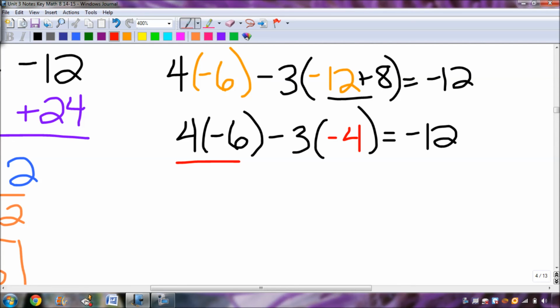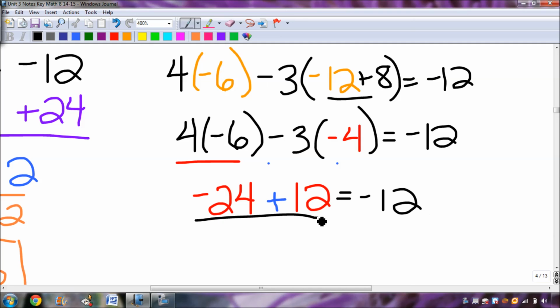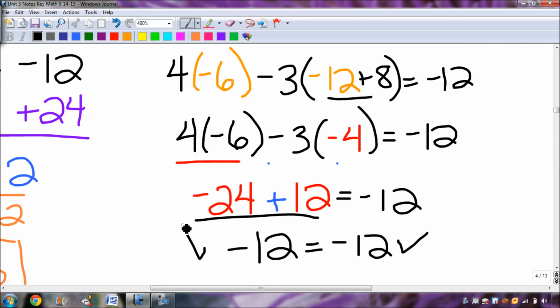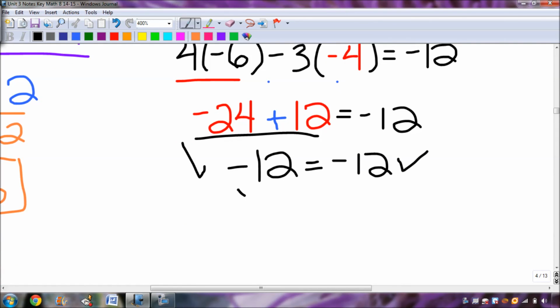So this 4 times negative 6 becomes negative 24. Okay? Now be super careful. This negative 3 times this negative 4 becomes a positive 12. And then you copy the rest of the equation down. All right? And then negative 24 plus 12 is negative 12, so you get negative 12 equals negative 12, and it checks, and everything is good to go.